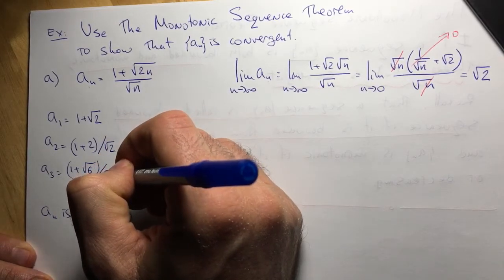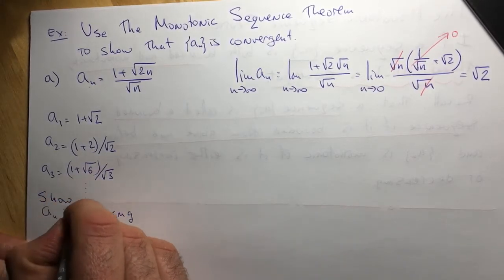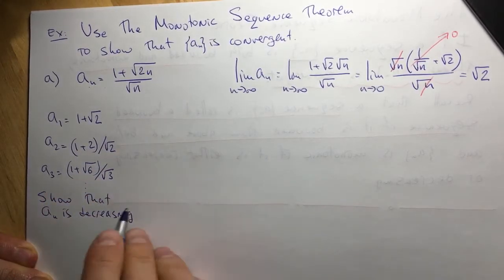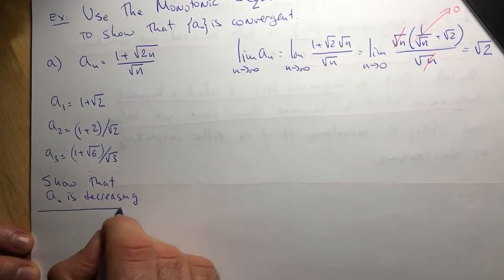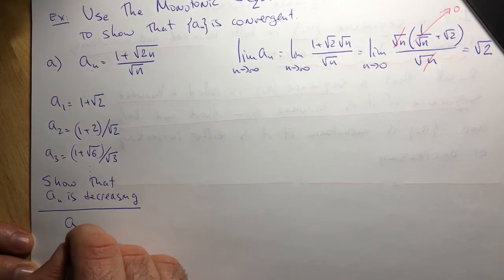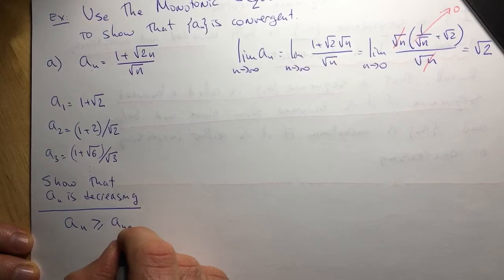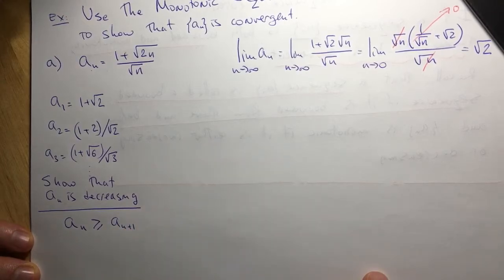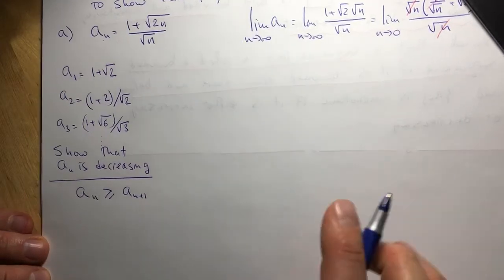We also have to show this. So we want to show that the sequence is decreasing. How to do that? One way to show that a sequence is decreasing is to show that AN is greater or equal to AN plus 1.